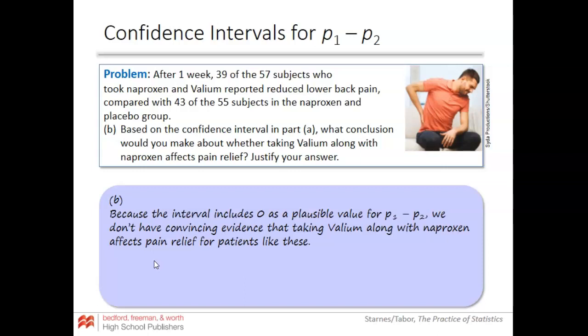And so what we would say is, because 0 is in the interval, we do not have convincing evidence that taking Valium along with naproxen affects pain relief for patients like these. So a 0 means there's no change, right? And because that is a plausible value in the confidence interval, that means it's possible that there's no change in the pain reduction.